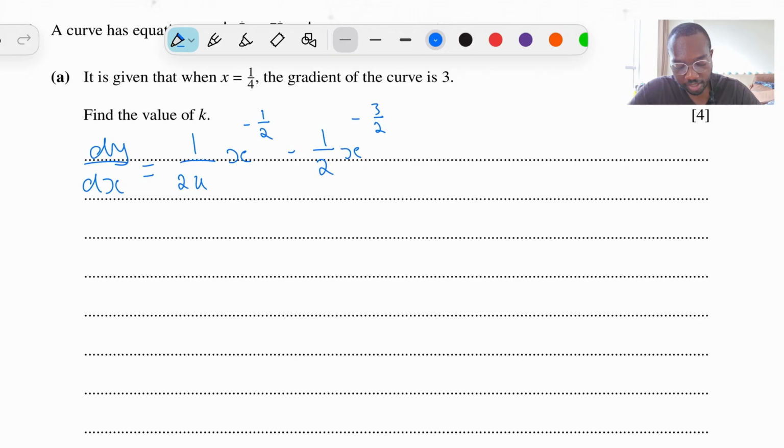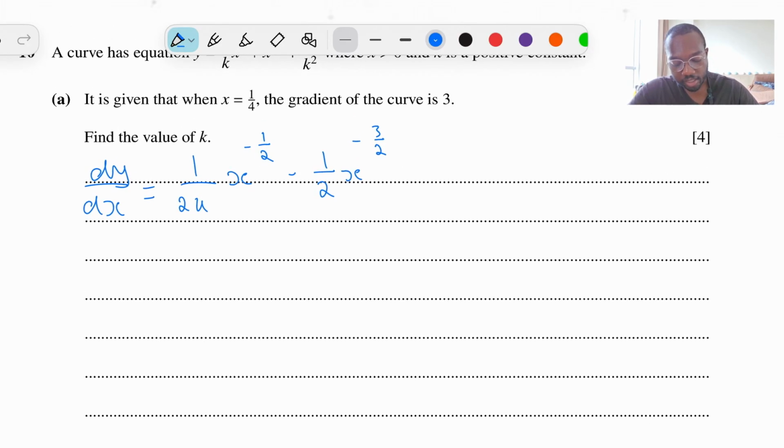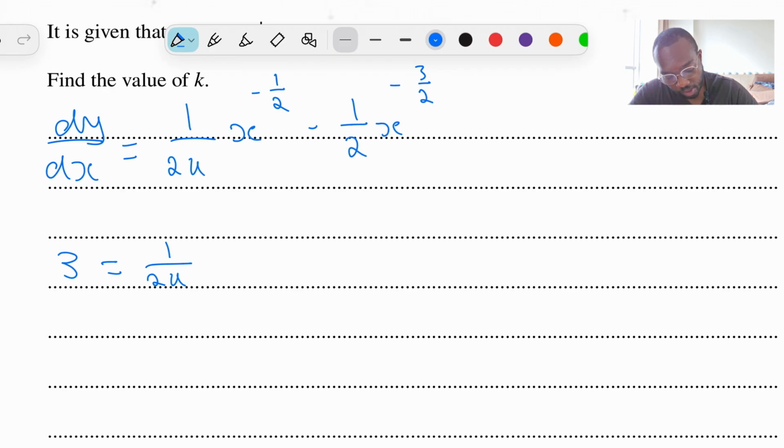And we know that, as they tell us in the question, when the gradient of the curve is 3, so when dy over dx is equal to 3, x is 1 over 4. So we get 3 is equal to 1 over 2k, and then that would be times 1 over 4 to the power of minus a half, minus 1 over 2 times 1 over 4 to the minus 3 over 2.